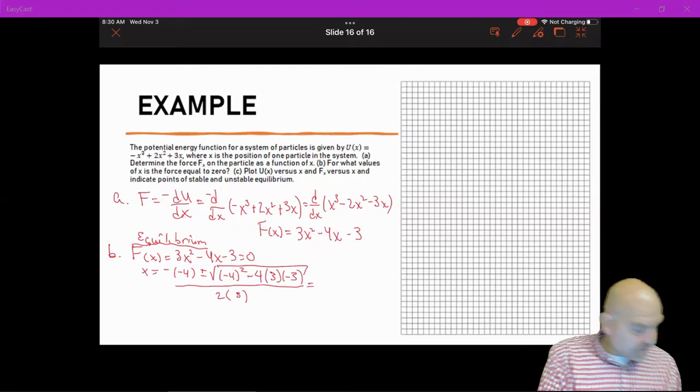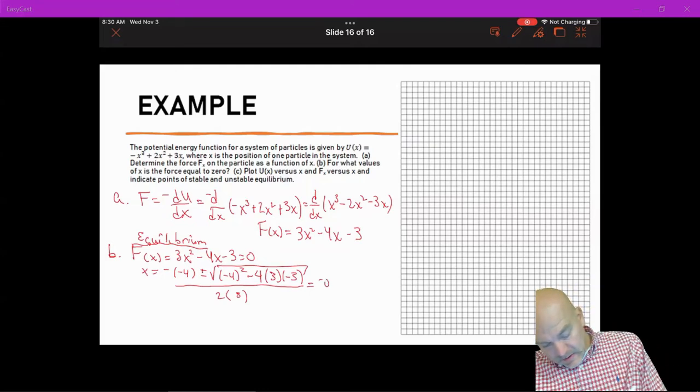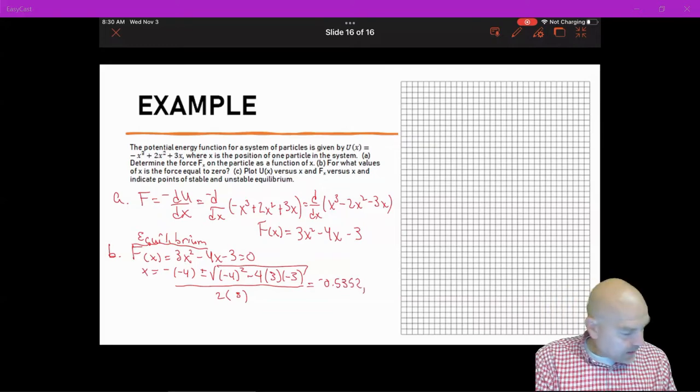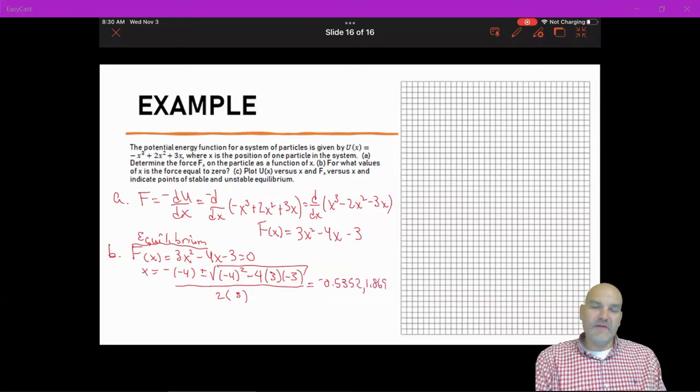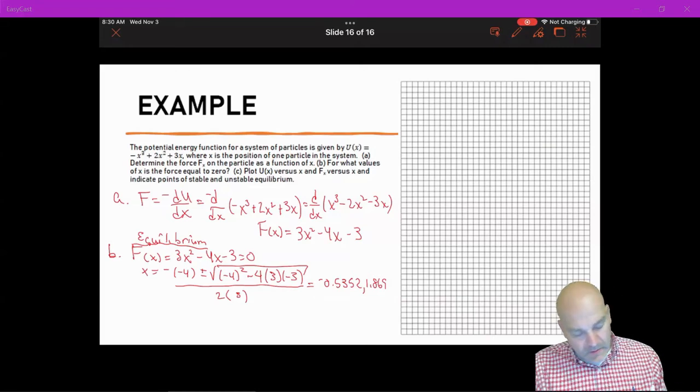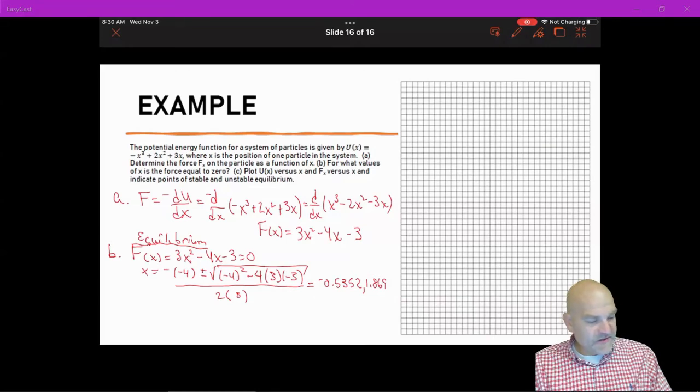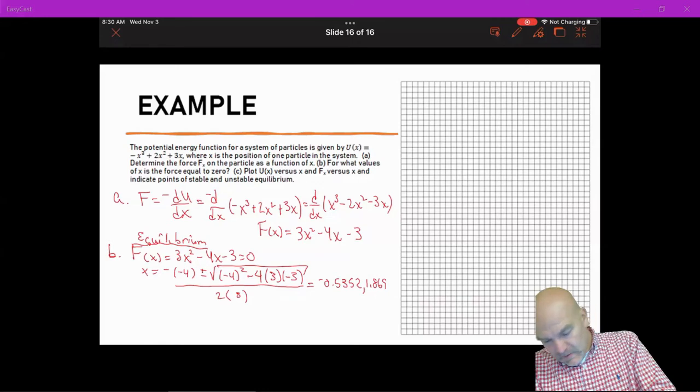Okay, and again, you're going to get 2 answers: negative 0.5352 and 1.869. Okay, and so what that means is at those positions, my function has a derivative of 0. It's a flat line, or a cusp of some sort.